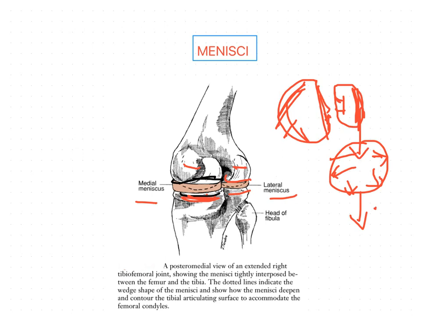So the medial and lateral menisci have some common attachments, and also separate attachments which are not common to each other. Now we will see the attachments.